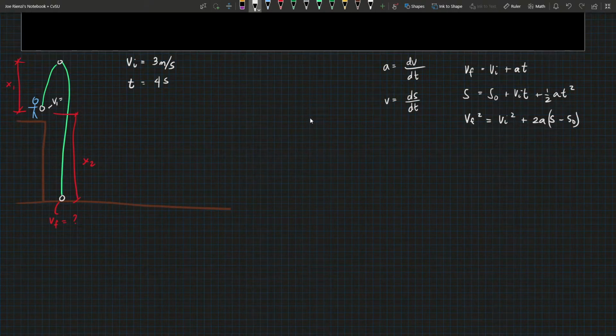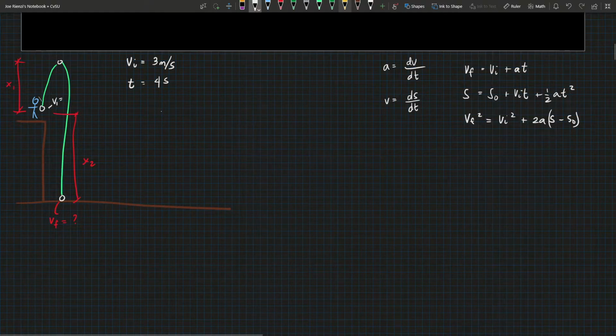So, back to our problem. These are what we are looking for. Let's start with the first problem. What is the height it will reach? What I personally do here is try to find which equation has only one unknown. In this case, we can divide this into 2 parts.